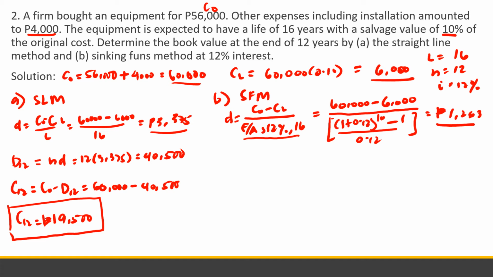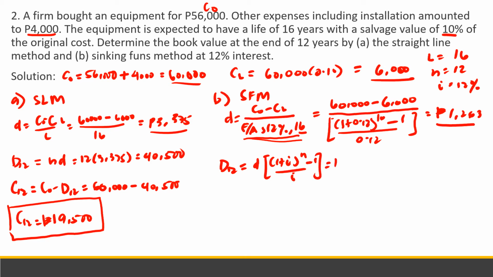But for the sinking fund method is 1,263 lang. Okay, so the total depreciation at the end of 12 years is D multiplied by, in formula, 1 plus I, or this notation, but N is 16. So power of N minus 1 over I.